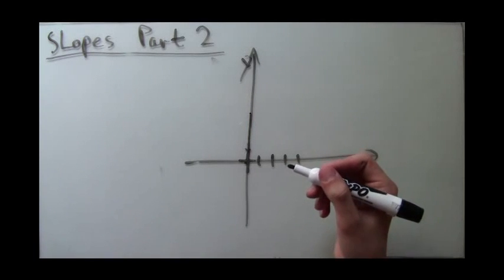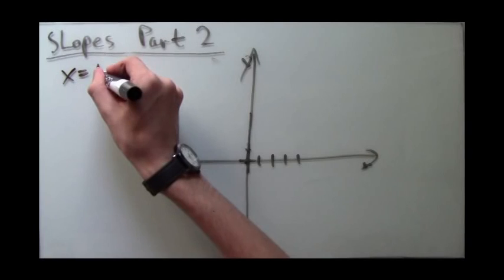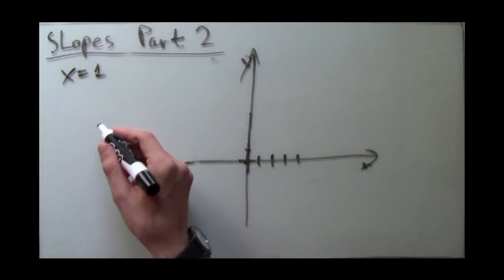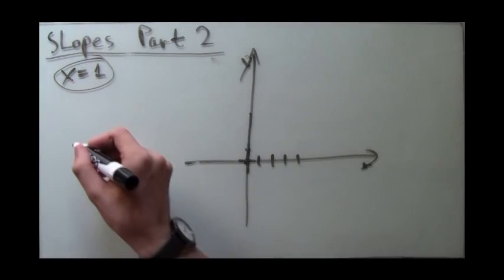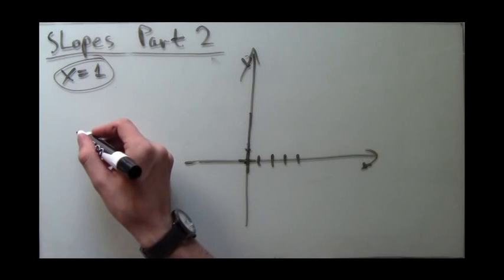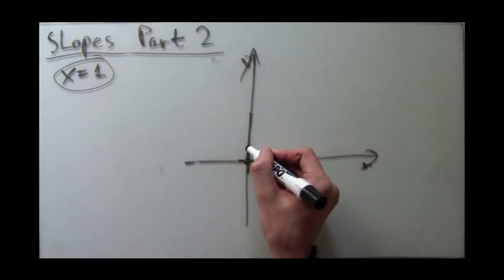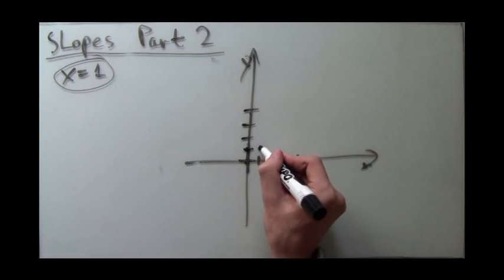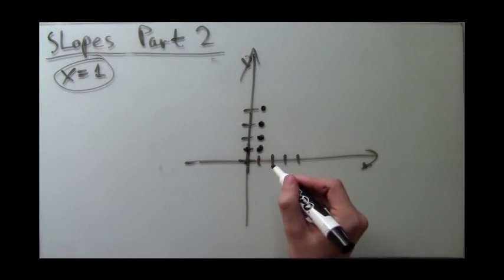Now we can't really make a table for this because earlier we were just changing x and getting different values of y. But now there's no y in the picture, it's just x equals 1. X equals 1 is any point that is 1 to the right of the y-axis. So for example, these points I'm drawing all have the x-coordinate 1. So the straight line will just be this vertical line.